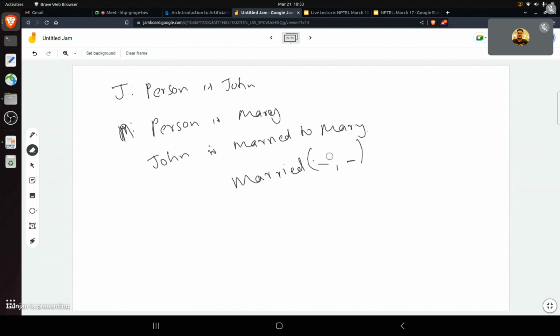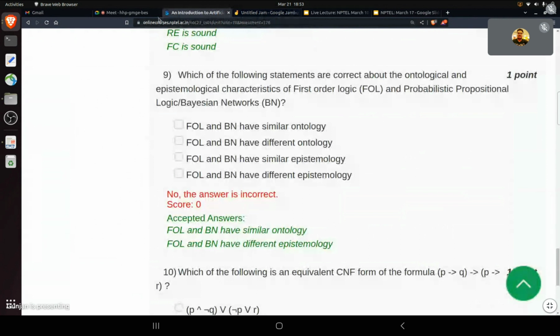Whenever you define such predicates, there is a relation between J and M, married(J, M). Then this becomes predicate logic, and there is a separate class of refutation resolution for resolving these kinds of predicate logics also.